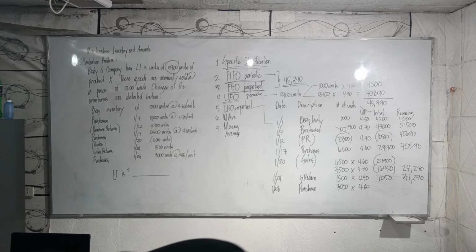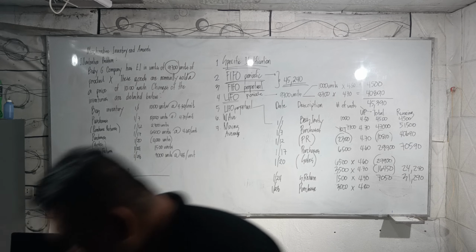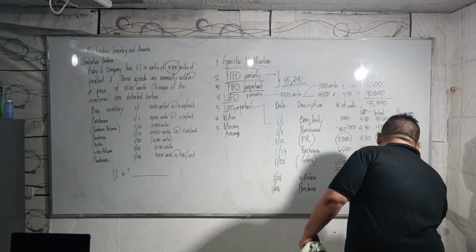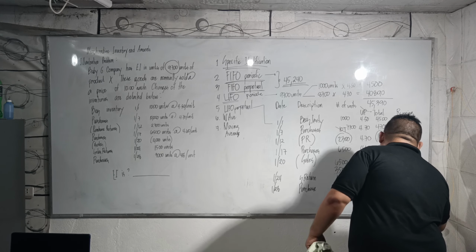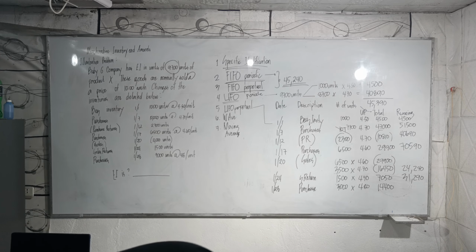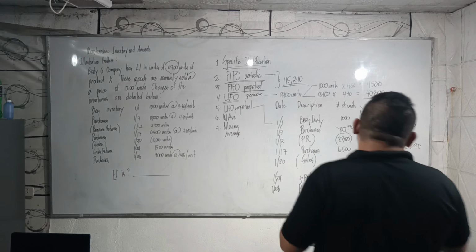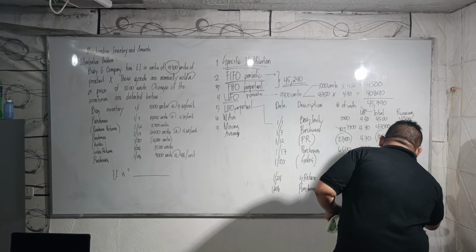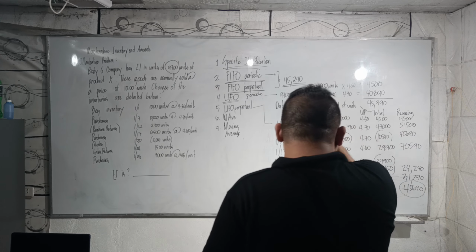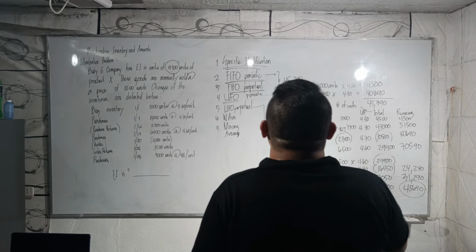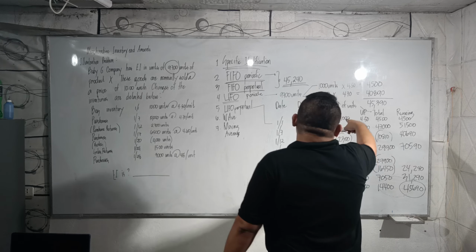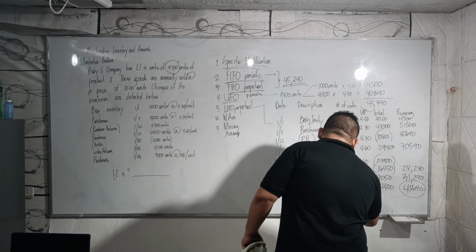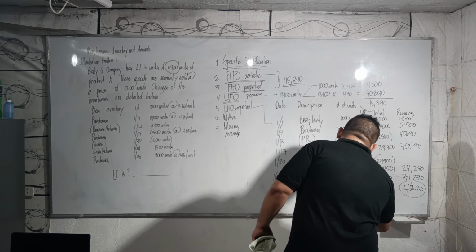So that is 3,000 times 4.8 equals 14,400. 14,400 plus 31,290, we have 45,690. That's it. And of course, that is for 9,700 units still. When you summarize this, it should be 9,700 units.